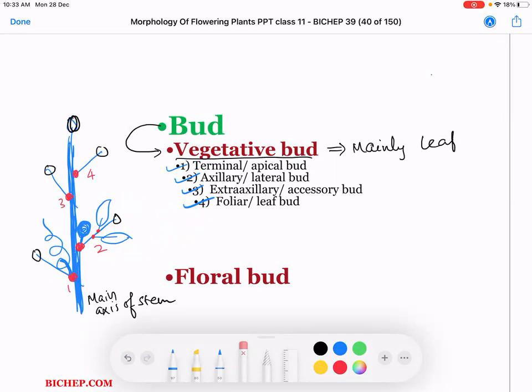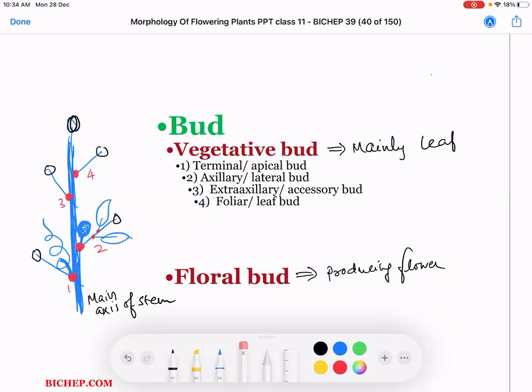So I hope you understand all four types of vegetative buds. Now, if I talk about the other type of bud, that is the floral bud, it produces only flower, right? It is called floral bud.